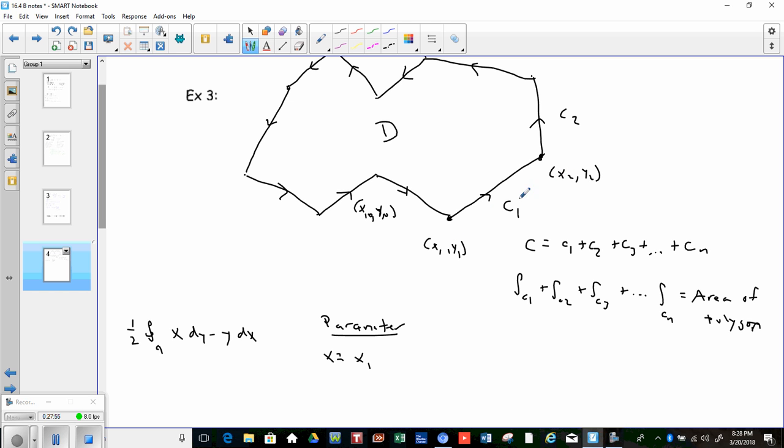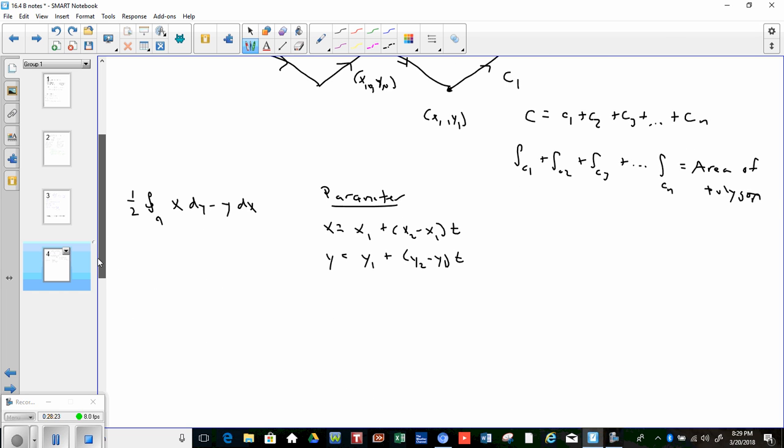So instead of numbers, we're just going to have to use the letters. Well, this is going to be x2 minus x1. That's the change, times t. And then y is going to be the same idea. It starts at y1. The change in y will be y2 minus y1 times t.